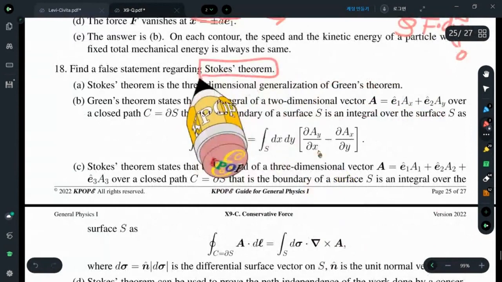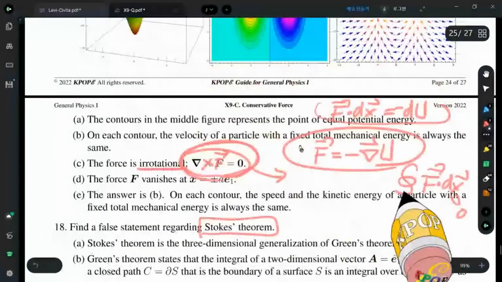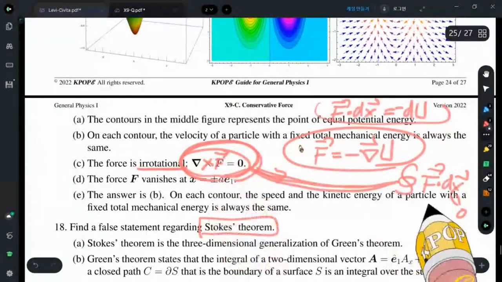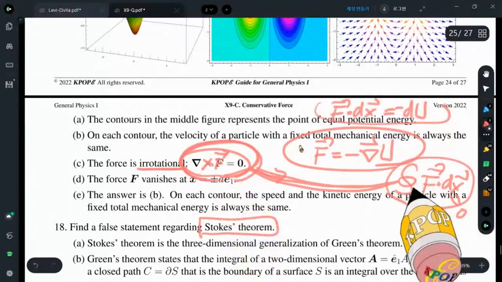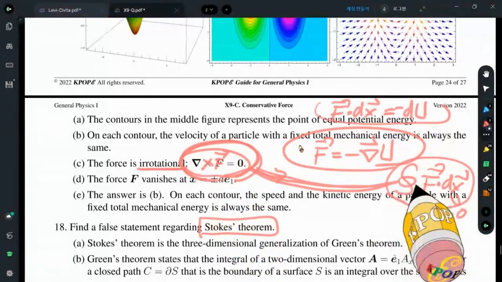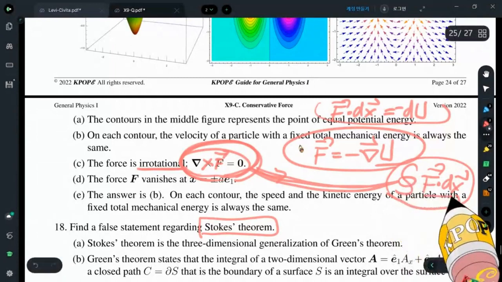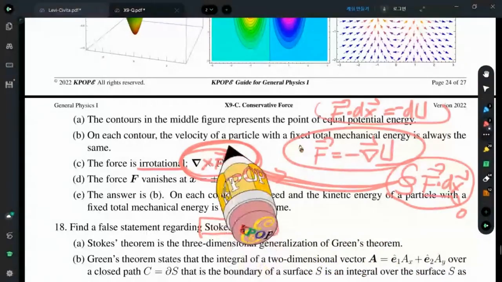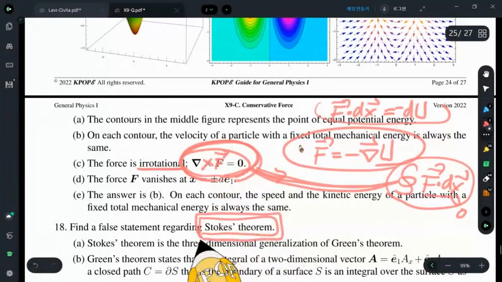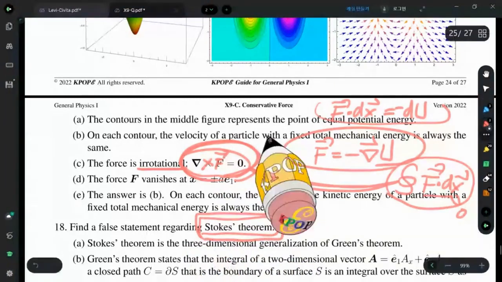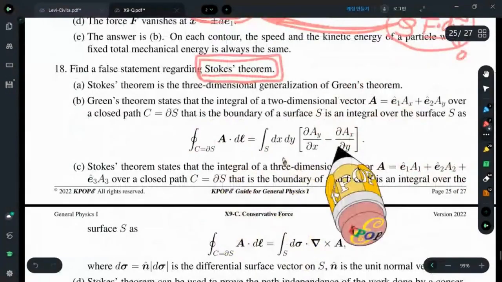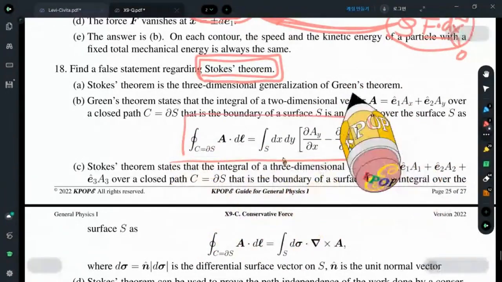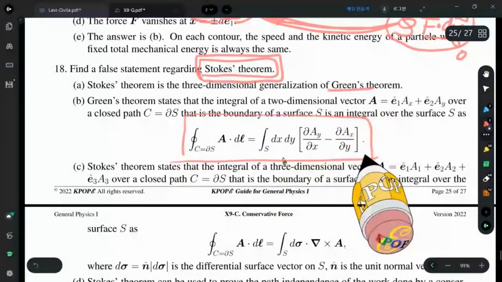And the proof of equivalence of these statements, that curl vanishes, then it is conservative, and any integral along a closed path for the work done by this force is vanishing, can be proved by making use of Stokes' theorem. And Stokes' theorem is this. This is actually Green's theorem in 2 dimensions.